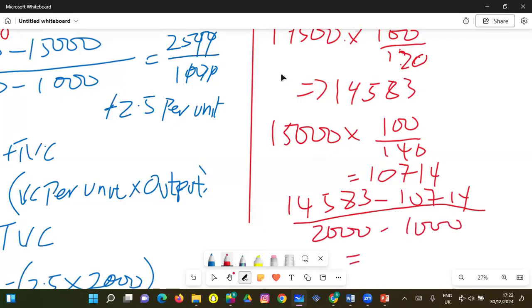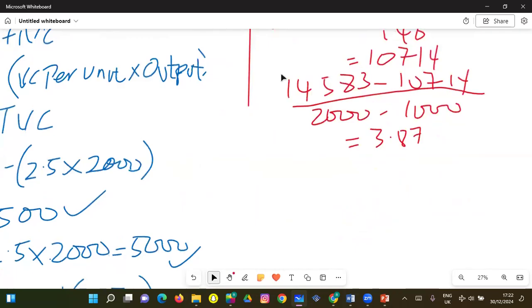It is going to be around 3.87. So this is going to be our per unit variable cost, right?